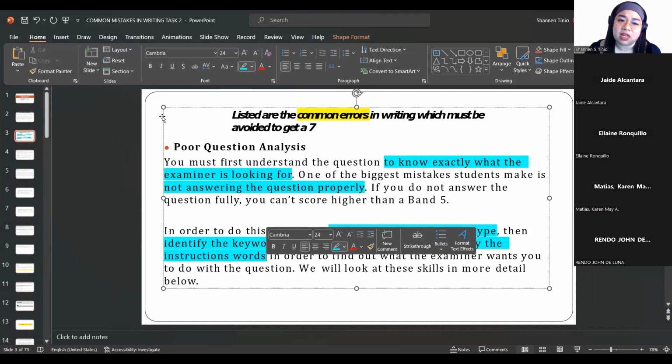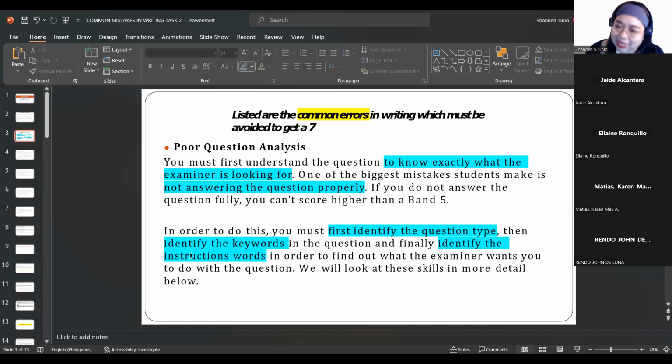Let's say, ma'am, napakahirap naman kasi ng tanong. Like, the way the question was constructed is so difficult to understand. What if I really didn't understand the question?